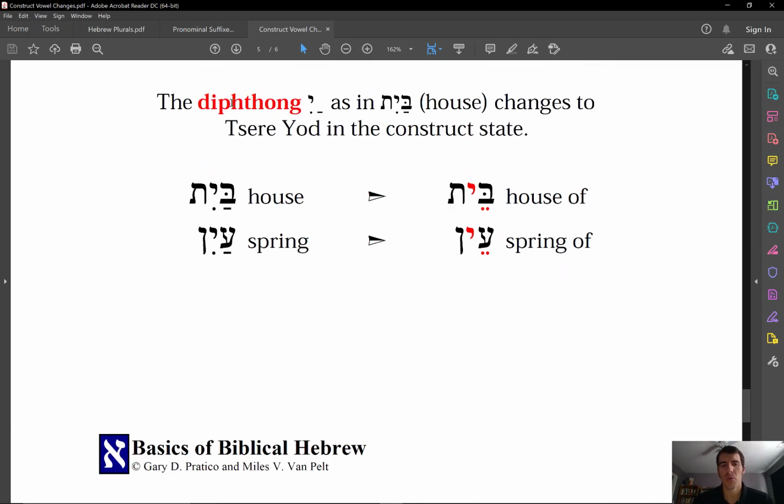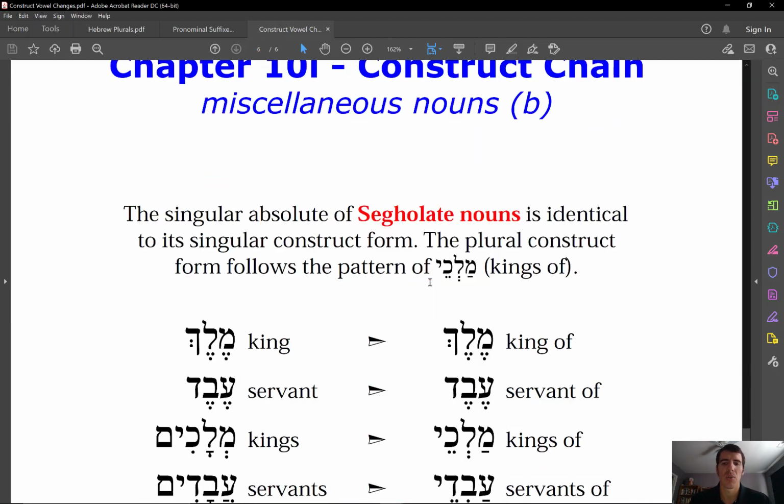Now, the diphthong rule, like I told you, the diphthong erases. So bayit becomes beit, or ayin becomes ein. So that's a pretty typical pattern. So Ein Gedi, if you've ever been to Israel and you have heard the name Ein Gedi, that's spring of the goat, basically. Ein Gedi, spring of the goat, or the ibex.